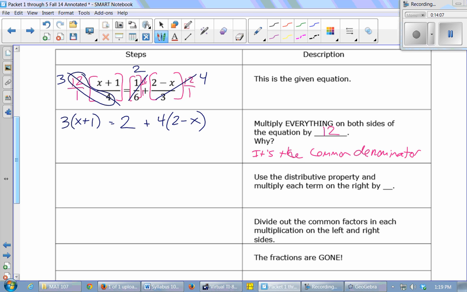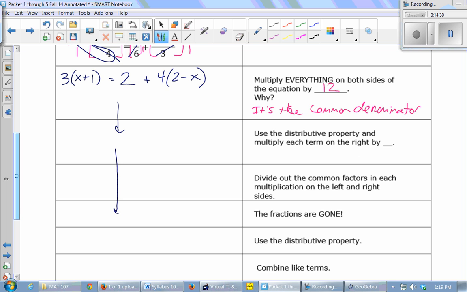Now we just use the distributive property. I just did this step. Sorry. So divide out the common factors. I did that. The fractions are gone. Now use the distributive property.